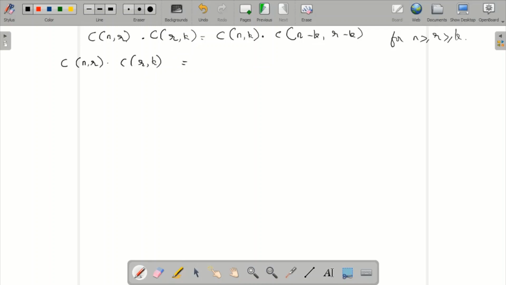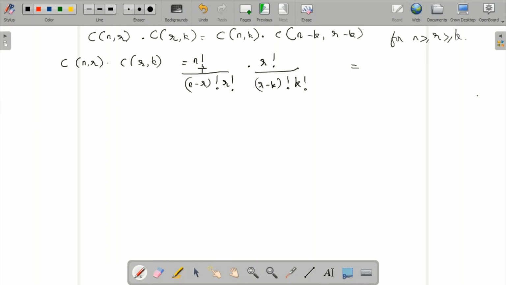Okay. So it would be n factorial divided by, formula itself, n minus r whole factorial into r factorial, and again here it would be r factorial divided by r minus k whole factorial into k factorial.